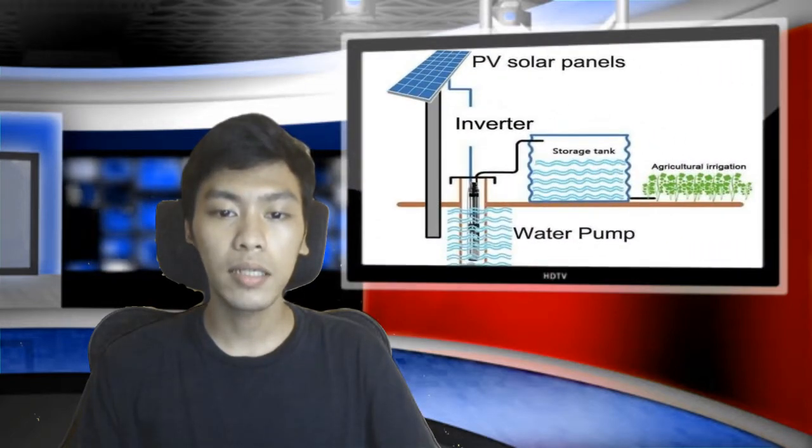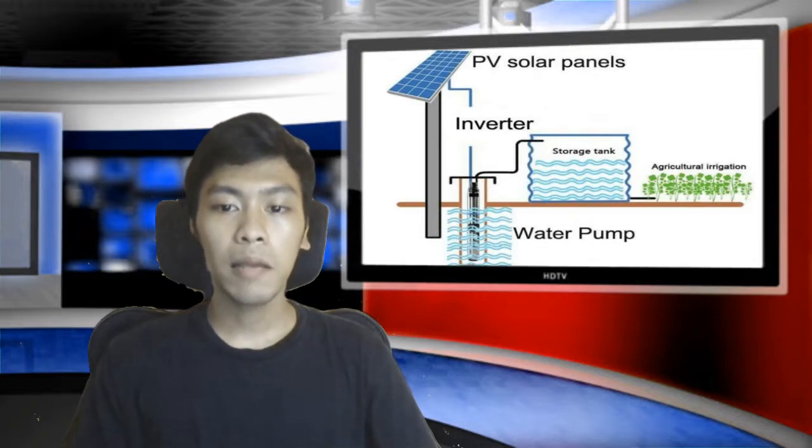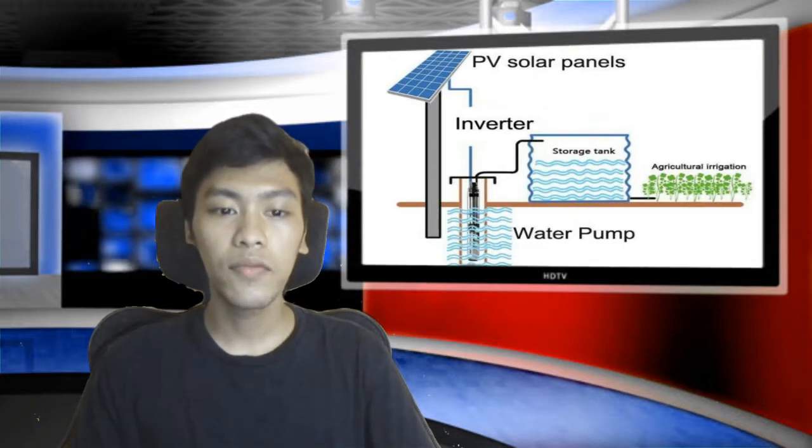PV or photovoltaic is a perfect candidate for agricultural and livestock purposes due to the need for water during periods with bright sunshine. This pumping system can supply water directly to fields or can store water for the time of need. This system can even be used to provide water to remote areas and villages.